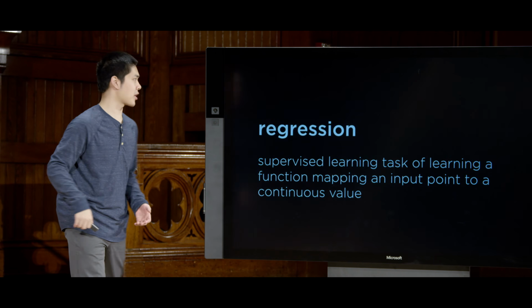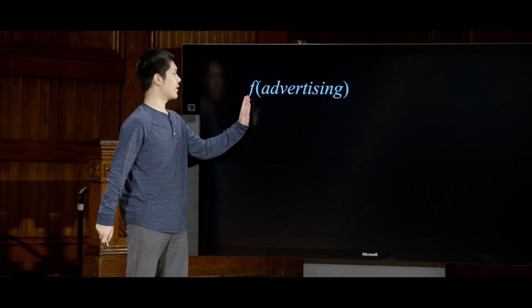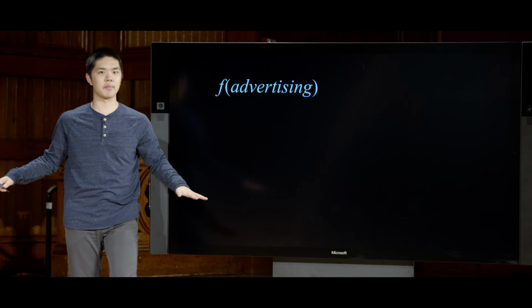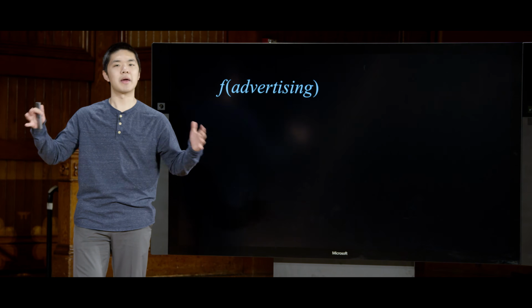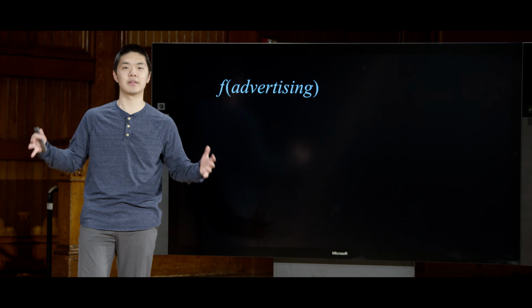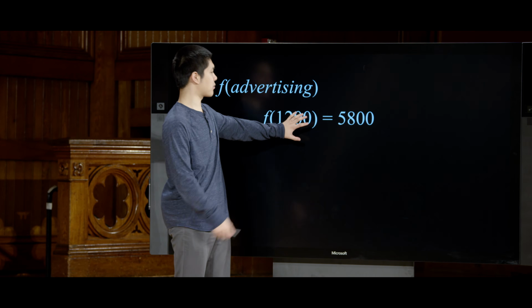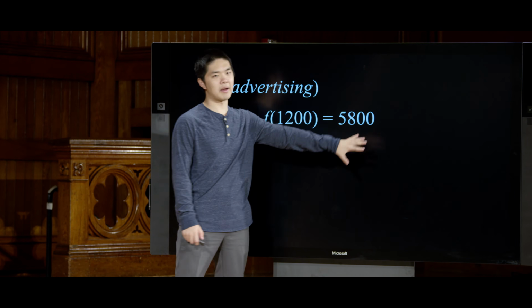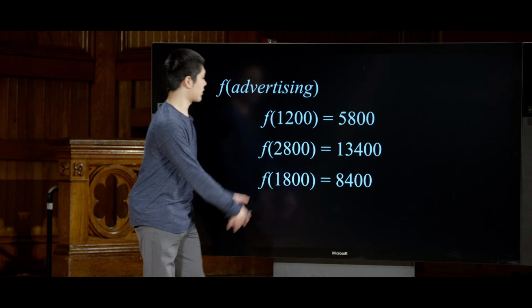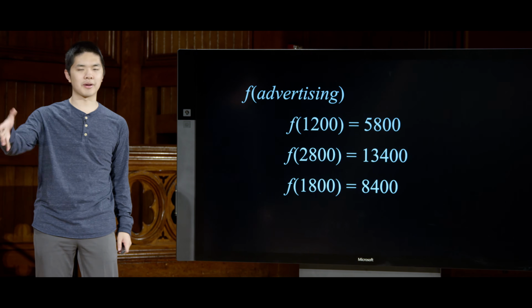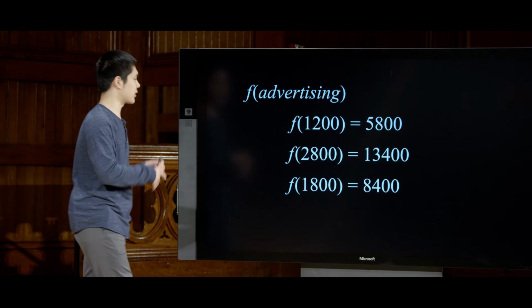And so they might like to try to predict some function that takes as input the amount of money spent on advertising. And here we're just going to use one input. But again, you could scale this up to many more inputs as well if you have a lot of different kinds of data you have access to. And the goal is to learn a function that given this amount of spending on advertising, we're going to get this amount in sales. And you might judge based on having access to a whole bunch of data, like for every past month, here's how much we spent on advertising, and here is what sales were.